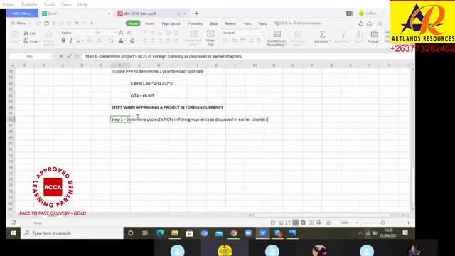Remember, you know how to calculate net cash flows. The same way you know how to calculate net cash flows in dollars, this time we are doing it in foreign currency. That's step number one.